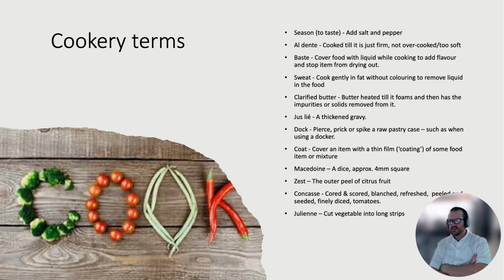You've got Juliet there. It's the name of a sauce, clarified butter, sweating, basting, al dente, seasoning. Okay. Various points there. You can read them. Seasoning is all about adding salt, pepper, or maybe some other seasoning agent. Al dente means to the tooth, right?